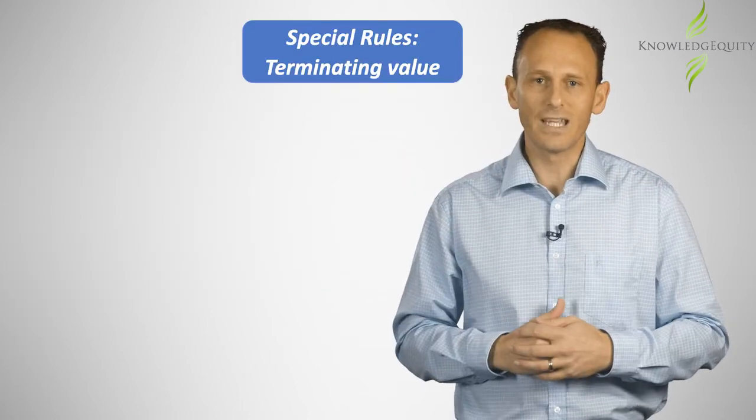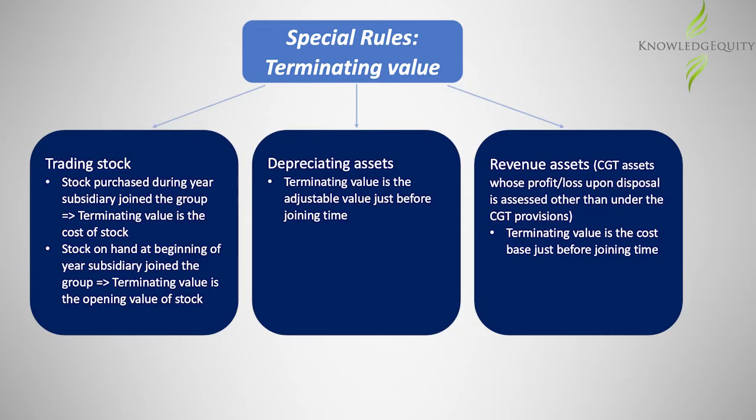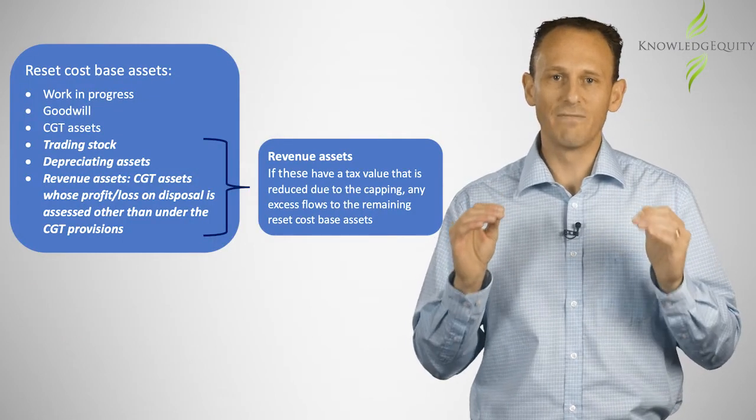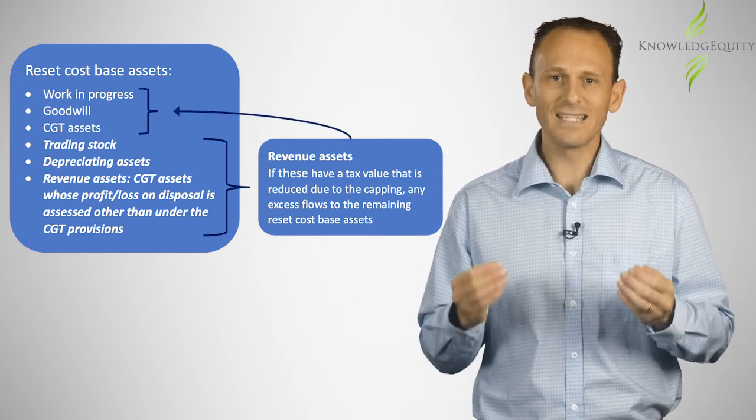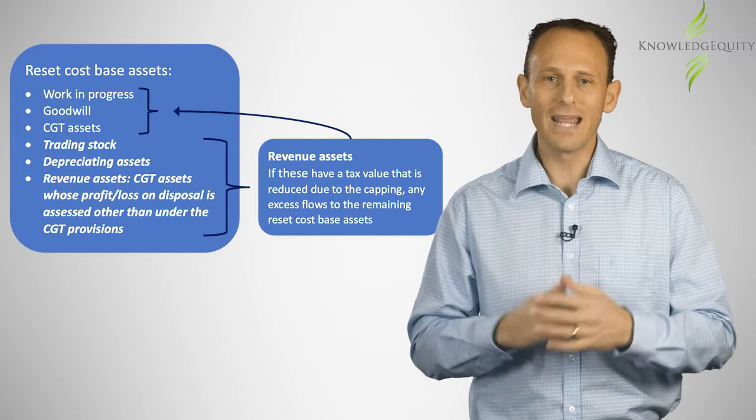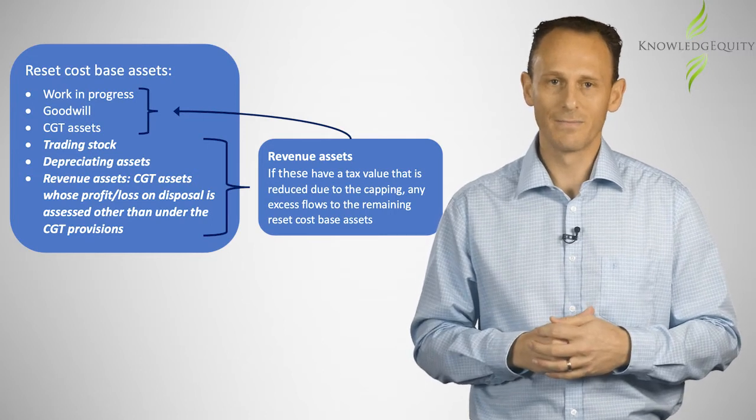There are different rules for calculating the terminating value of trading stock, depreciating assets and revenue assets. Note that if the capping of tax value of these assets leads to a reduction of their value, this excess is apportioned to the remaining reset cost-based assets.